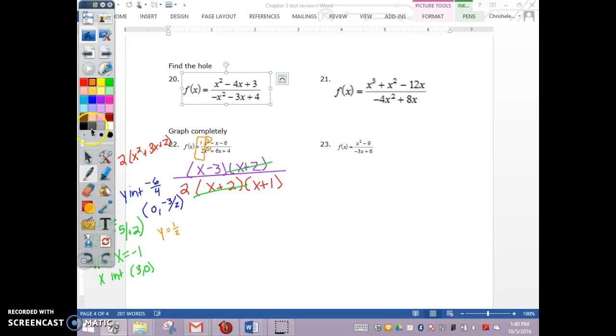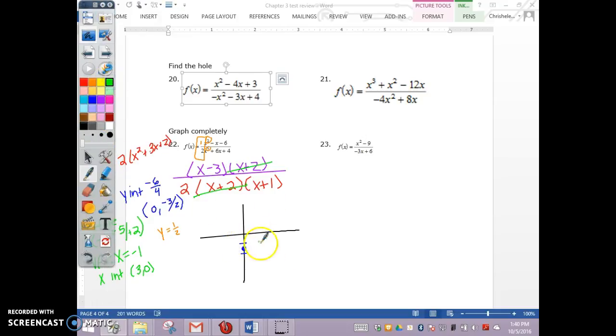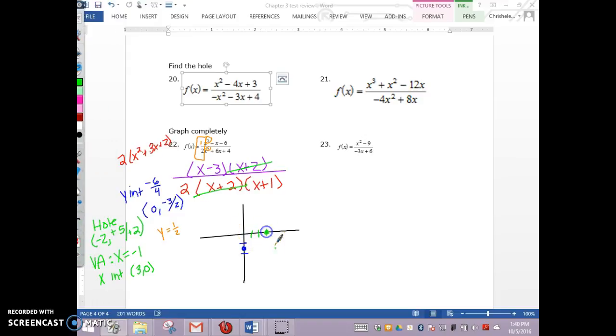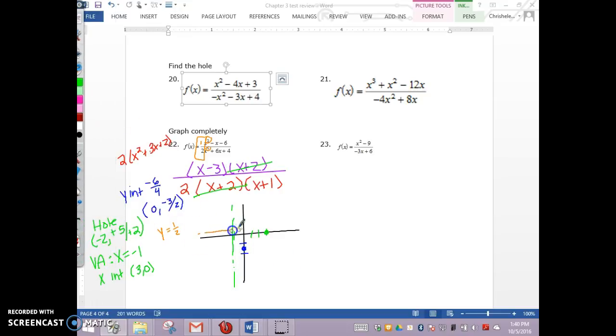I should probably draw a straight line. Okay, so here is my graph. Y-intercept at 0, negative 3 halves. So that's there. X-intercept at 3, 0. That's there. Vertical asymptote at negative 1. That's there. Horizontal asymptote at half.